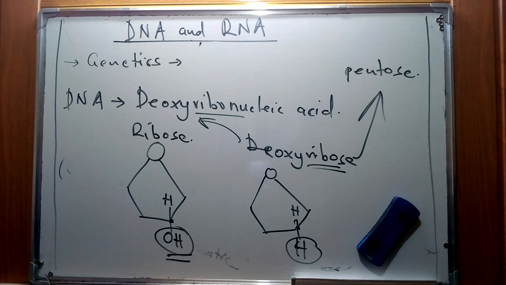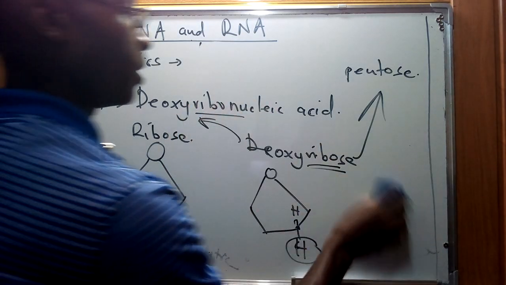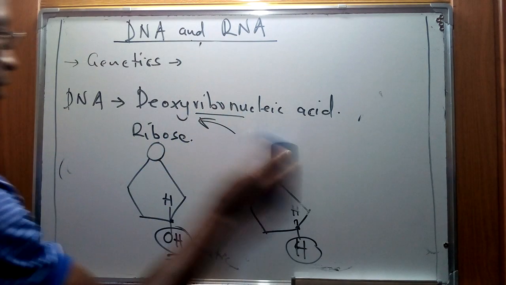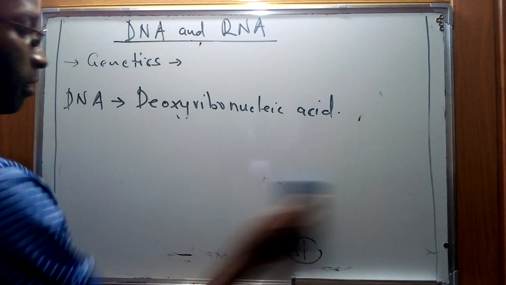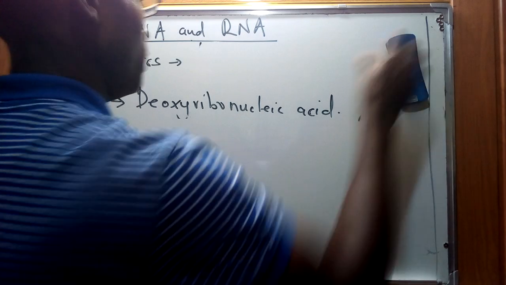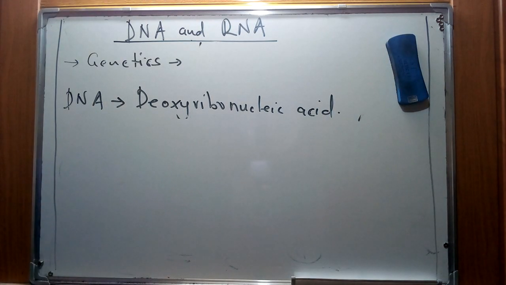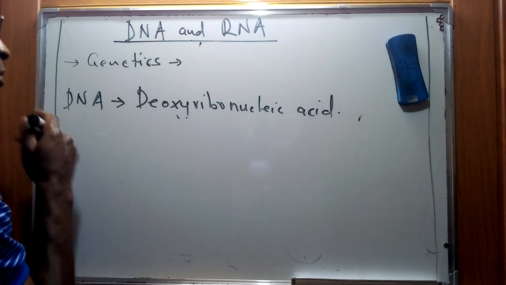So we're going to also look at the difference between the deoxyribonucleic acid, now that I've explained what this compound name refers to insofar as the deoxyribose is concerned. Now, for nucleic acid, this is determined by the specific bases that are going to be attached in these two molecules.